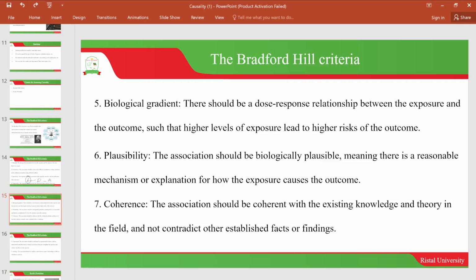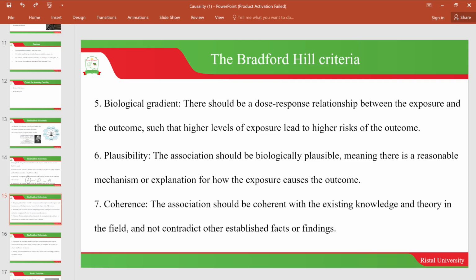Plausibility. This basically means that, okay, you're saying this causes that, it is believable. It can be explained scientifically. If it cannot be believed scientifically, then it is not plausible. So this is to say that, yes, I don't know that A causes B, but when you reason it that way, I believe you.